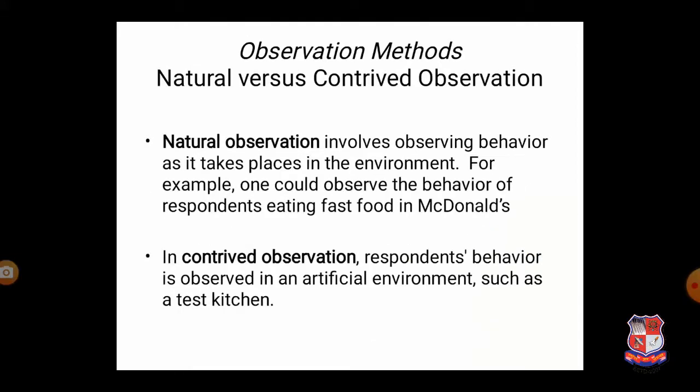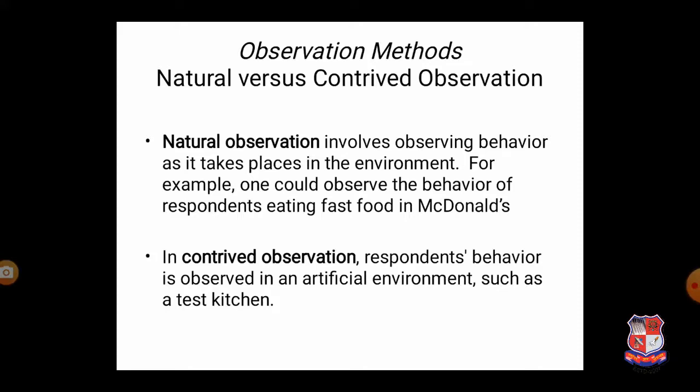Again, among the different types of observation, the first one is natural observation and the second one is contrived observation. Natural observation means observing customer or respondent behavior in a natural environment. An example of natural observation is a researcher observing the behavior of customers in a retail store.